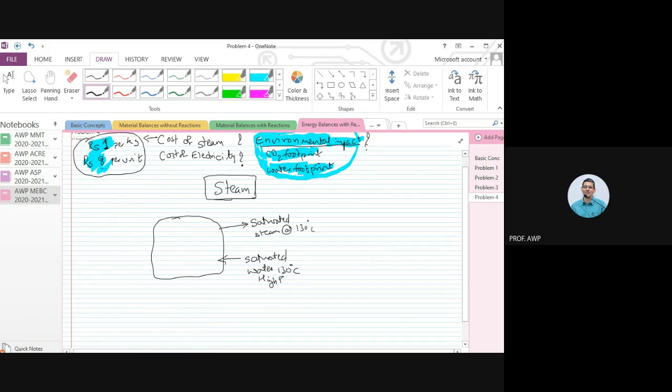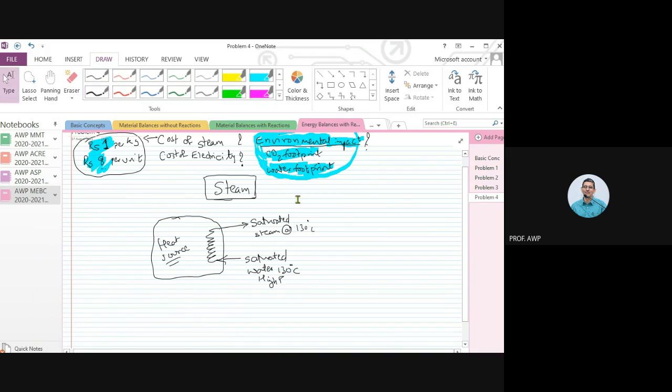Right? I would put this inside a coil if you want. So I need a heating source. Do you agree? That will convert the saturated water into saturated steam. Do you agree with that?